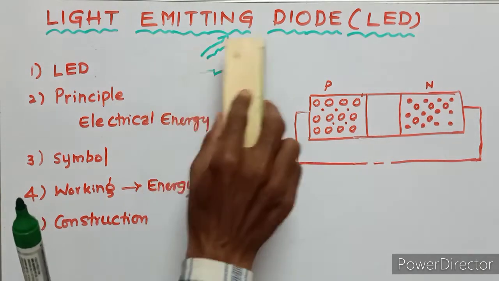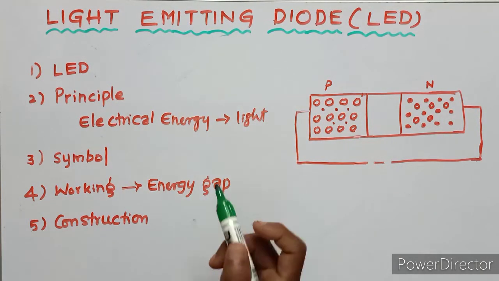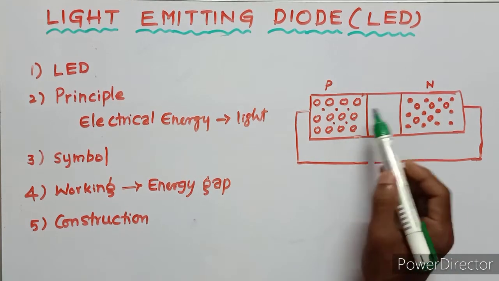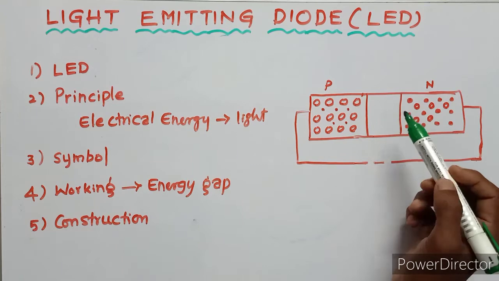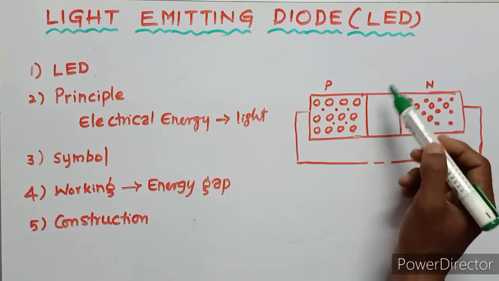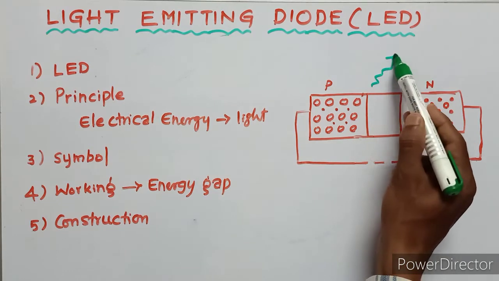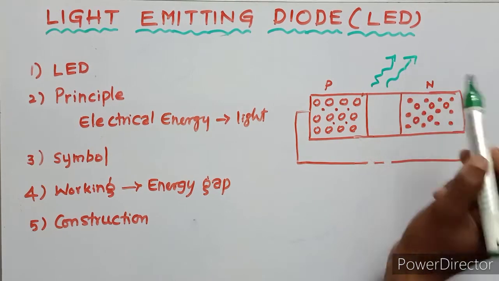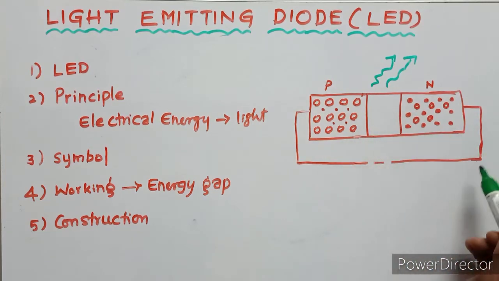Okay, what is the LED? A light releasing diode. This is the PN junction diode. A light releasing diode is an electric component that emits light when the electric current flows through it.